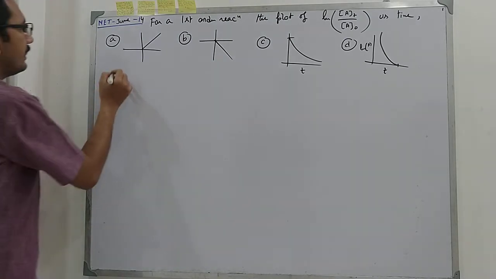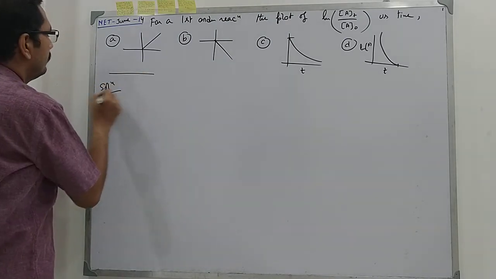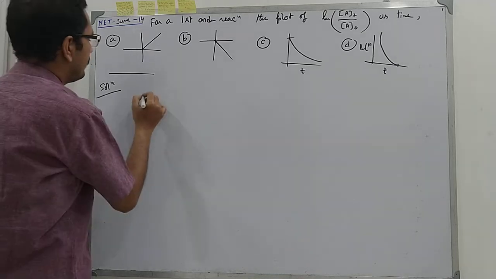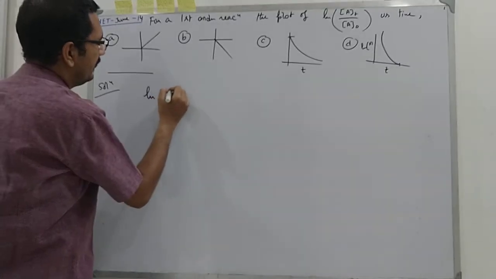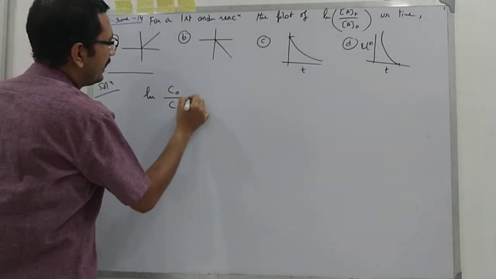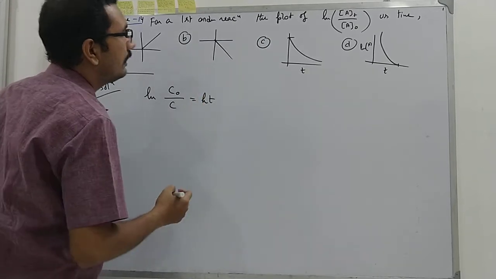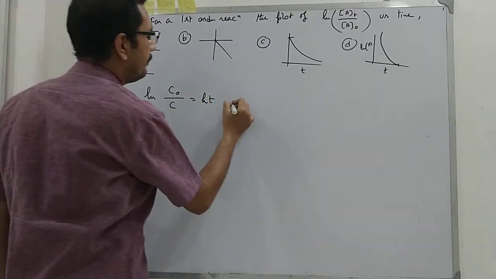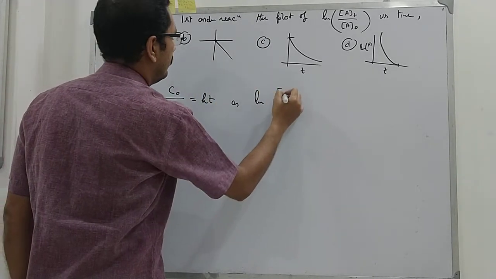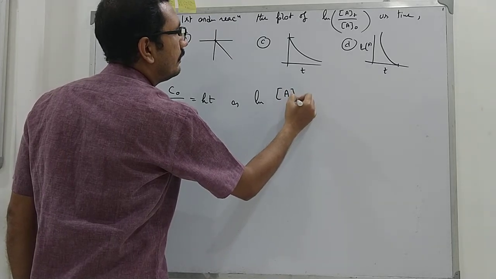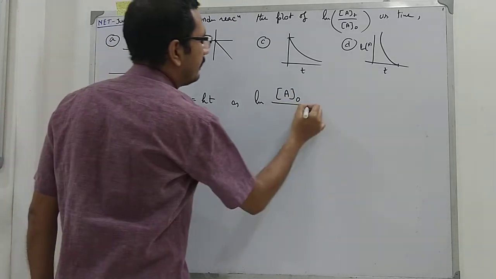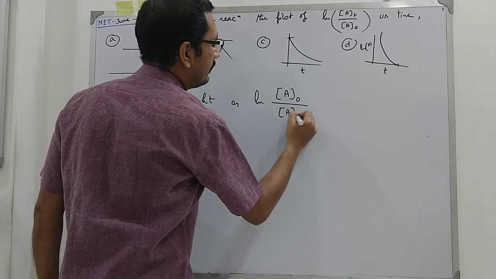Now for a first order reaction, we know the integrated rate equation to be ln C0 by C equal to kt. Now this is the initial concentration. Now they are representing it as A0, and at time t they are representing it as At.